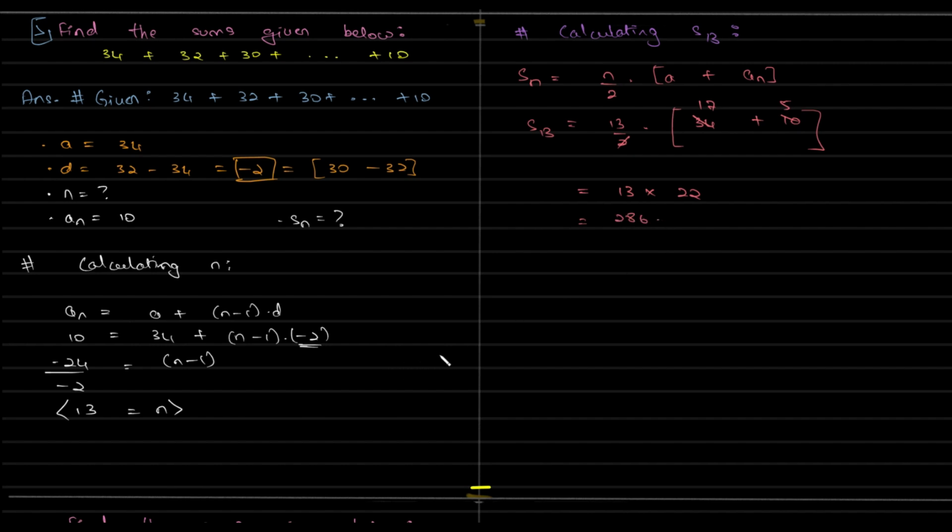Okay, that's your sum. If I do any calculation mistake in the last step, you guys please correct that. But the method and everything is what I'm trying to teach you guys. So you can pause before I move on to the next problem.